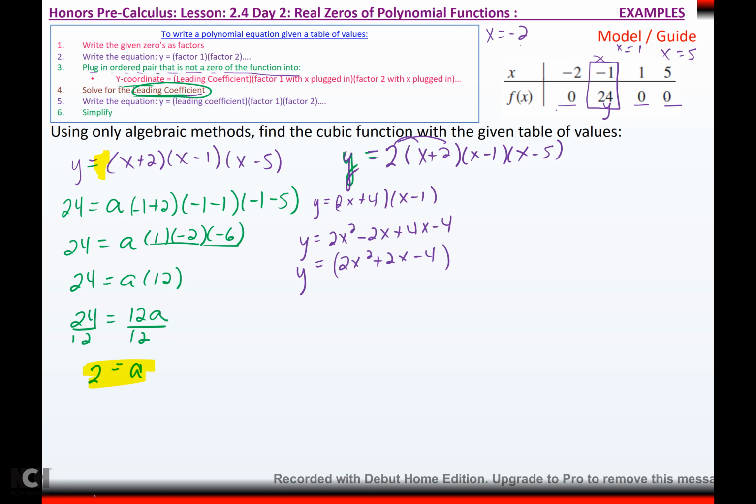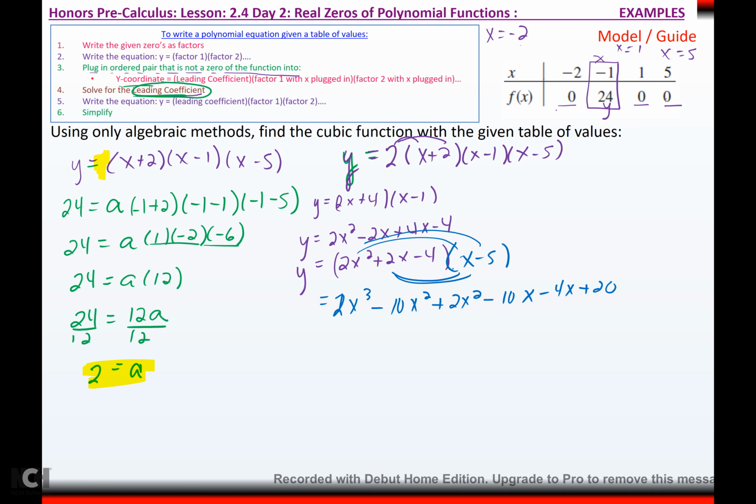And then I need to multiply that by x minus 5, which gives me 2x cubed minus 10x squared plus 2x squared minus 10x minus 4x plus 20.